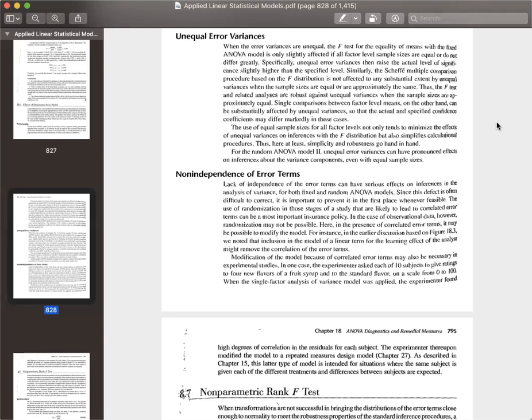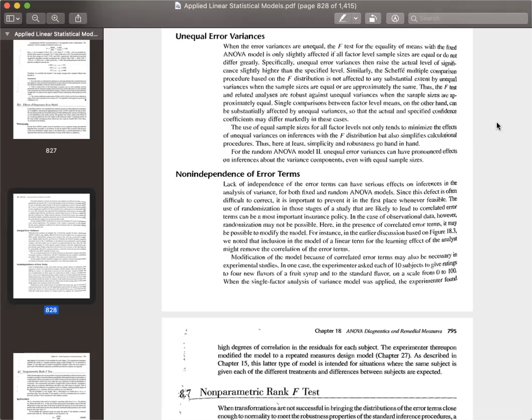Similarly, the Scheffé multiple comparison procedure based on the F distribution is not affected to any substantial extent by unequal variances when the sample sizes are equal or approximately the same. Thus, the F-test and related analysis are robust against unequal variances when the sample sizes are approximately equal. Single comparisons between factor level means, on the other hand, can be substantially affected by unequal variances, so that the actual and specified confidence coefficients may differ markedly in these cases.